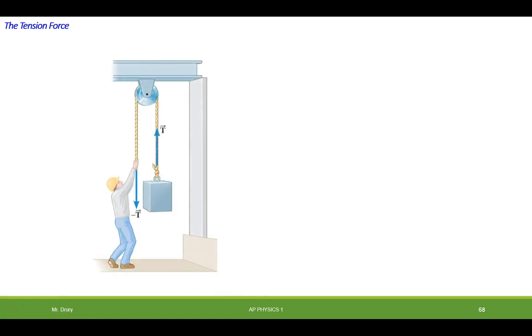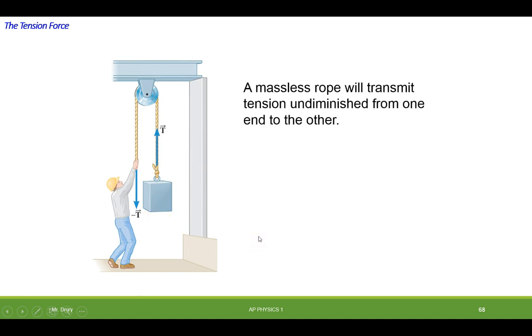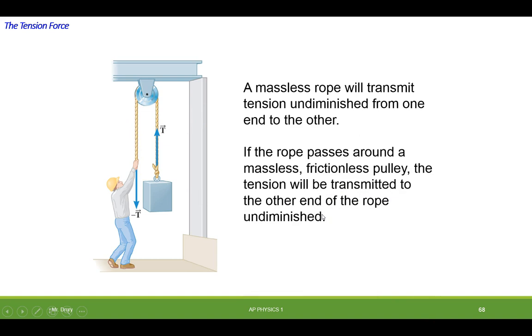All right, so let's say you have an object that you're lifting with a rope and a pulley. We're going to assume that the rope is massless, and will transmit the tension undiminished from one end to the other. In other words, there's no difference in the tension here compared to here. If the rope passes around a massless, frictionless pulley, the tension will be transmitted to the other end of the rope, undiminished.